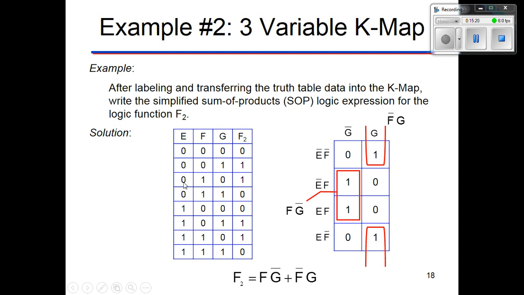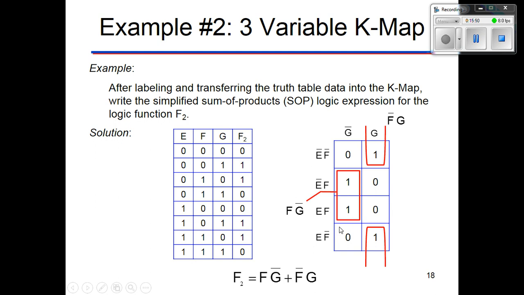The next one is not E, F, not G. So not E, F, that would be this row, not G, so it's this one. Next one I have E, not F, G. So E, not F, and on this side G, it's this one. And over here I have E, F, not G.